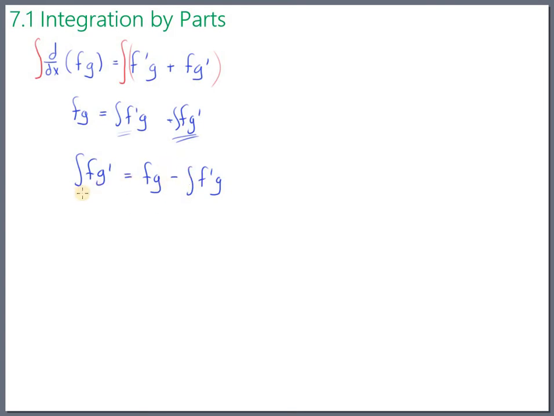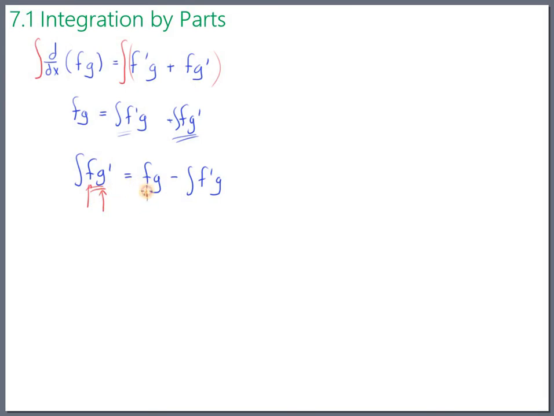Let's look at what we've got. It says that if you have an integral of 2 functions multiplied, you identify one of those functions as just being a plain function, and you look at the other one as being a derivative. And then we know how to get the results of this integration.